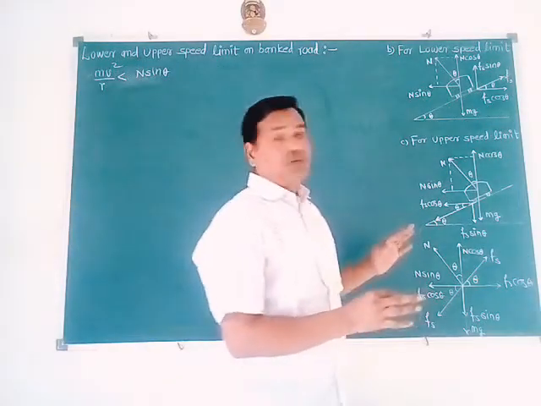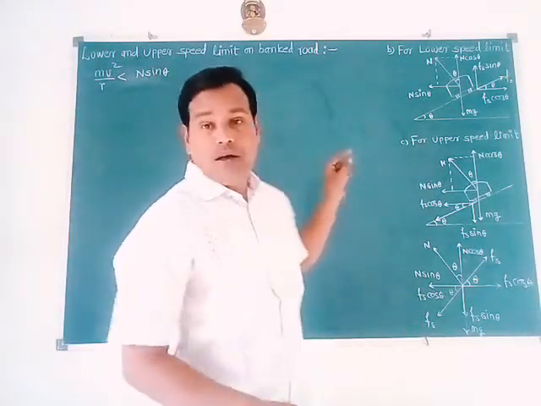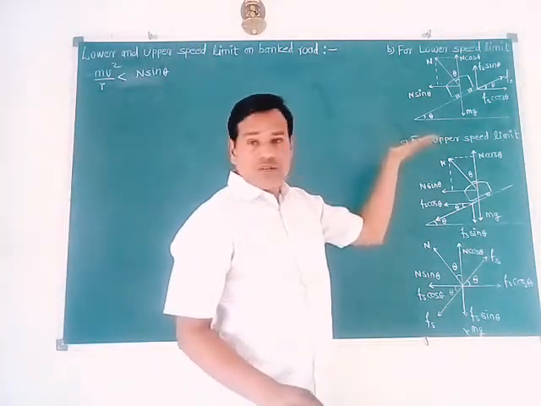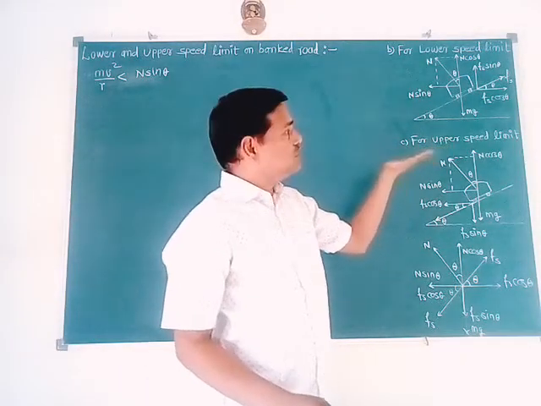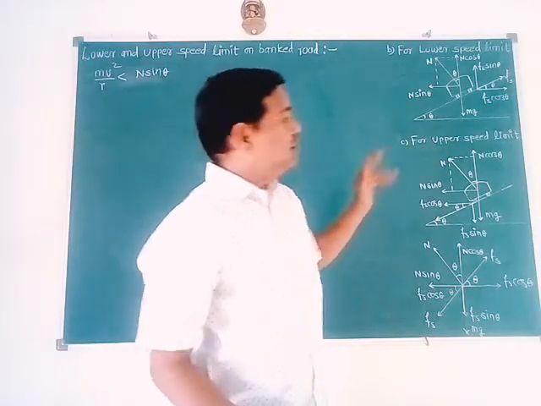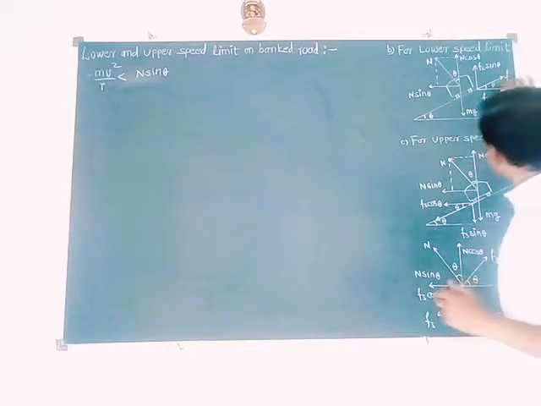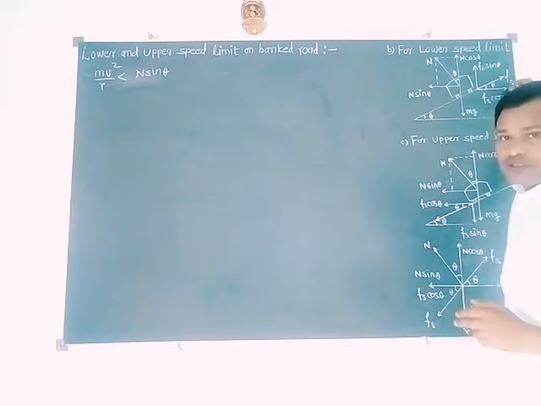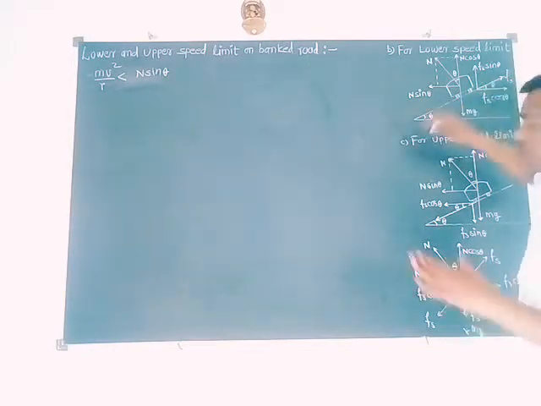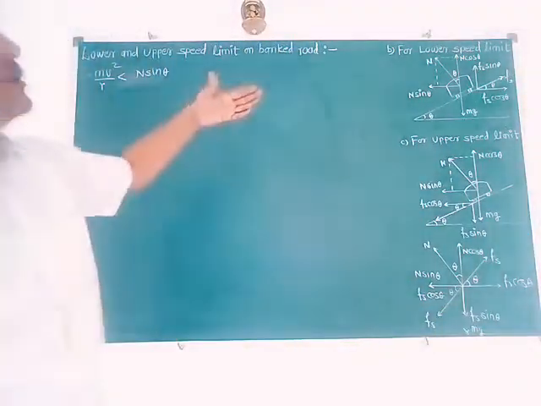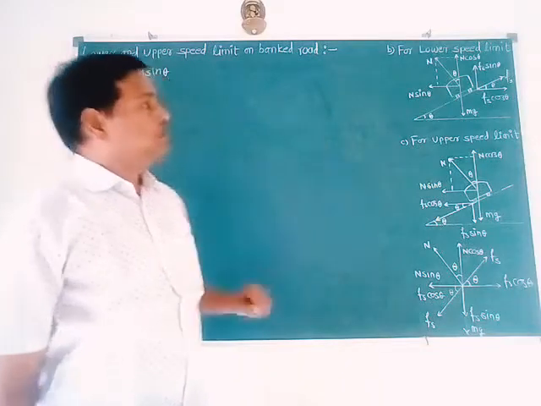If the centripetal force is less than n sin theta, it is observed that the friction force between the surface of the road and the tires of the vehicle is acting parallel to this inclined surface but in the upward direction, like this. This is the force of friction, which is acting in the upward direction parallel to the surface of the road.